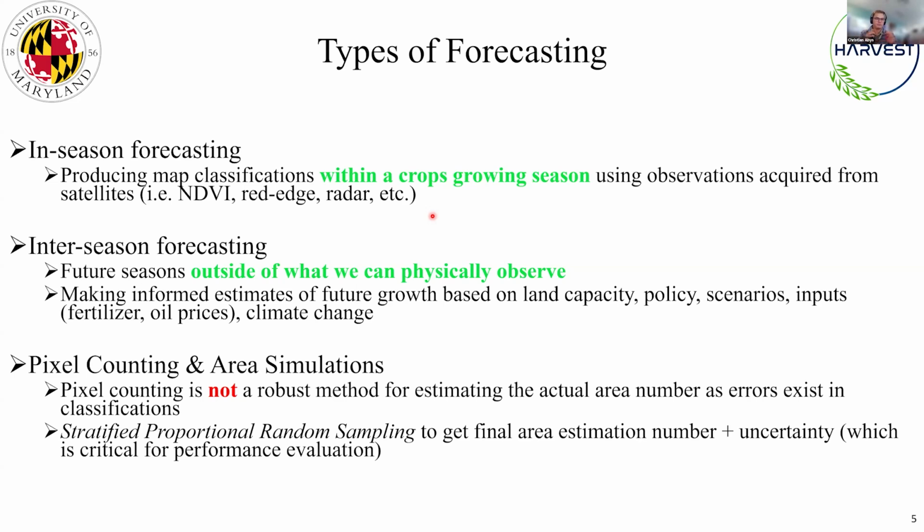I'm going to do that through stratified proportional random sampling or two-stage stratified sampling. I know that Leo covered that yesterday. And this is all derived from both Stehman et al. and Olofsson et al., two papers that I'll link later on, that every remote sensing person should know if they're getting into land cover and area estimations.